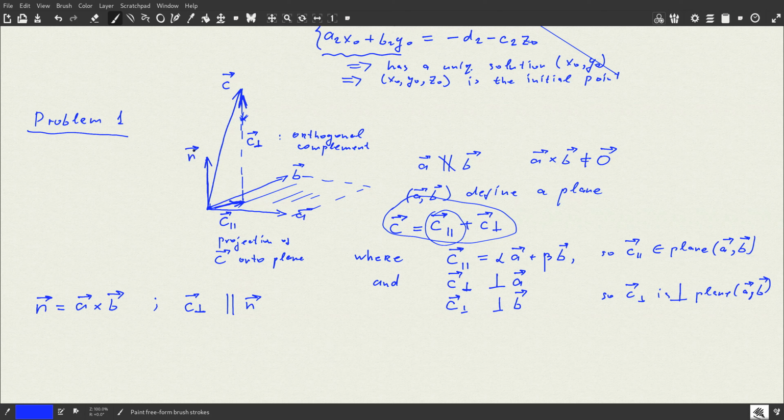Which means if it is collinear with n, we can write C orthogonal as just some coefficient which we don't know yet, let's say some coefficient gamma times n. So it's gamma times A cross B, where gamma is some real number.